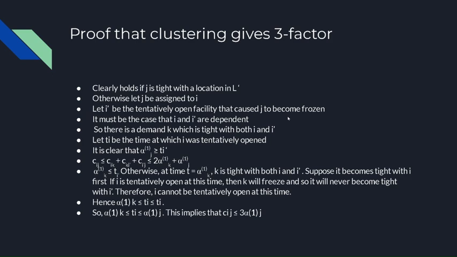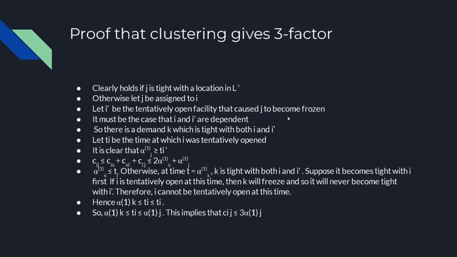If it is the other way around, then it means that the facility was not open and the constraint became tight for j, so I dash was not opened at all at that time, which is a problem. We are saying that I dash was opened and j became frozen, so alpha 1 j has to be greater than or equal to T of I dash.